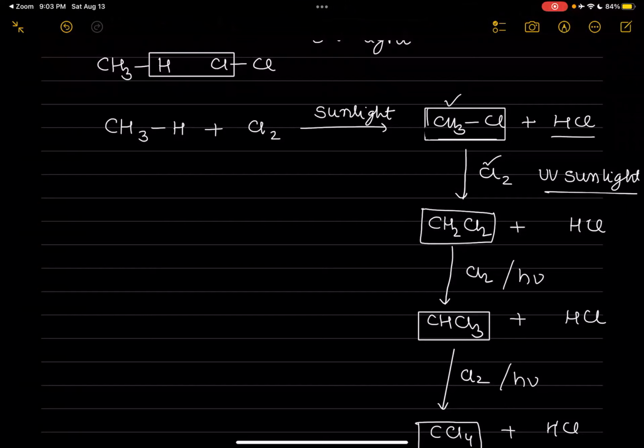of methane. And this is known as the monochloro derivative because you have put one Cl. I will write here. And this is the dichloro derivative.